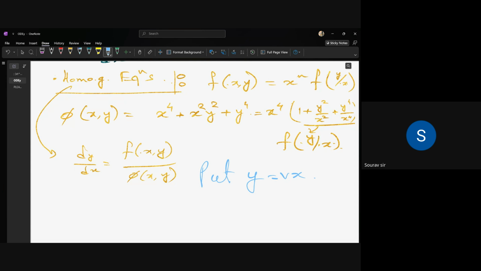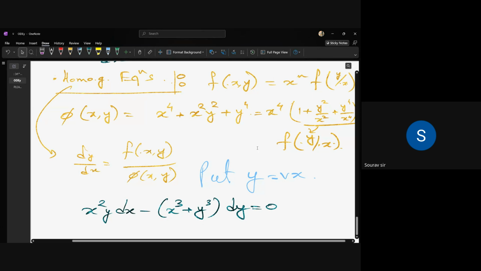Let me give an example of it. Let me write a question. Let us make it a third degree equation. So let us make it x square y dx for it, and x cube plus y cube dy.